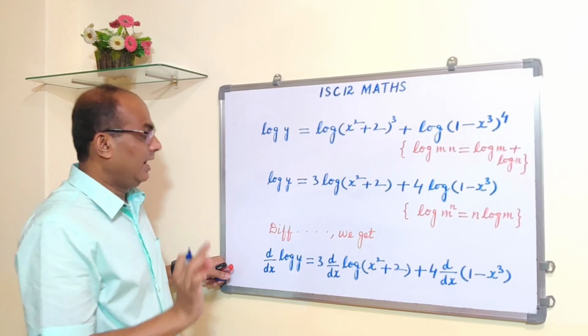And d/dx of log x, suppose this is x, chain rule, please remember chain rule. So d/dx of log x is 1 upon x, where x means x square plus 2.